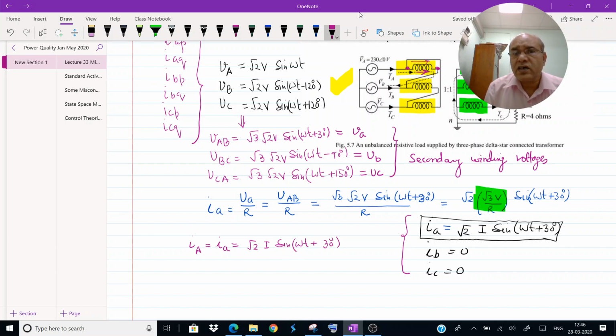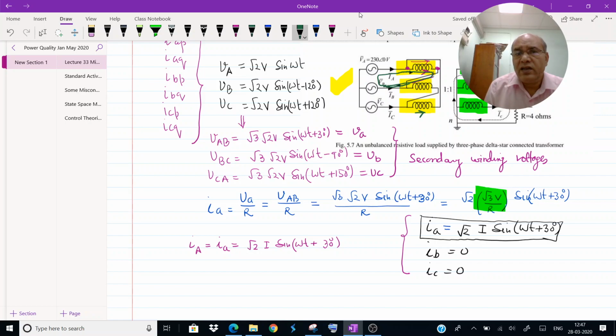Okay, now this current basically goes like this. The path is shown by these lines here. Maybe I can use a thick pen, and it comes here and comes here and goes like this. So this is the path. Therefore this current is 0. This current is 0.